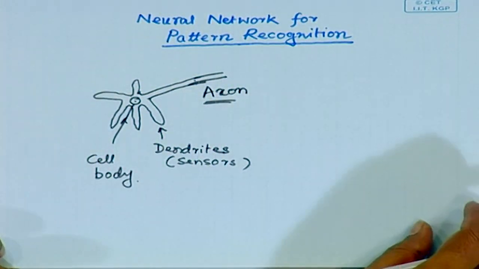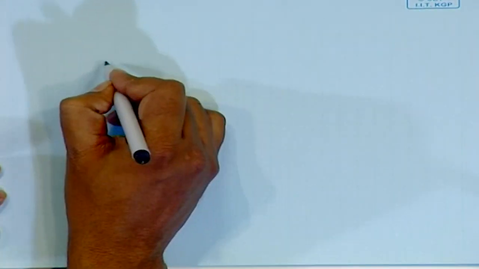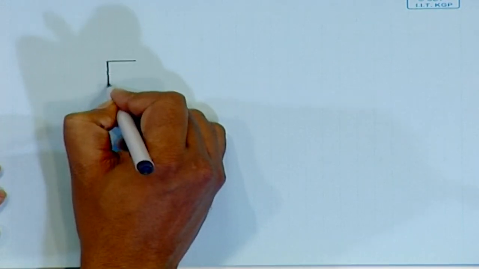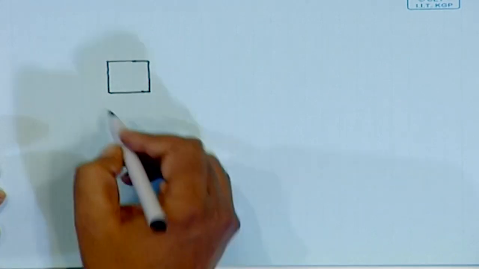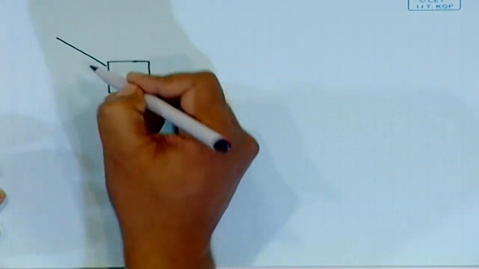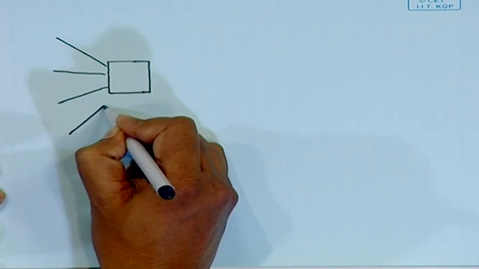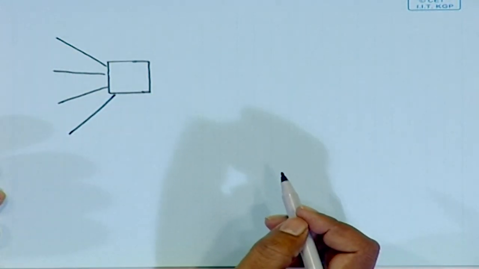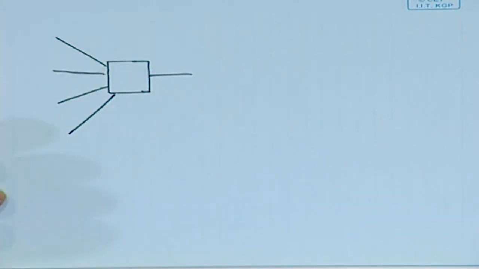So a neuron model for machine intelligence or for artificial intelligence will be something like this. Say I have to have something like a cell body, and then a set of inputs which act as dendrites, and an output which will act as the action.